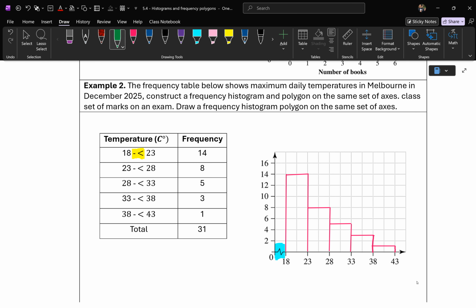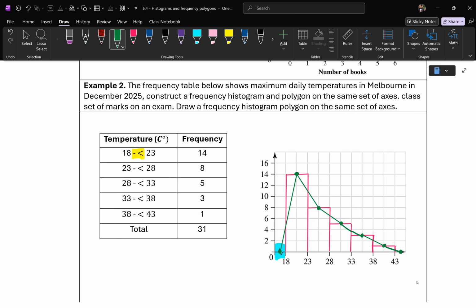If you did a frequency polygon, starting from the center, to the center, to the center, to the center, to the center, to the center, and then finally, don't forget the end center as well.